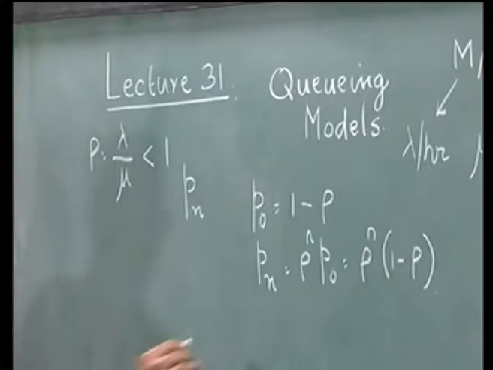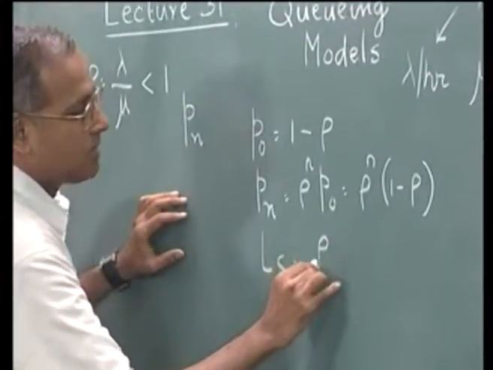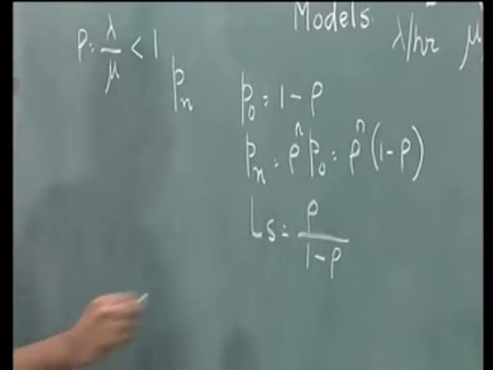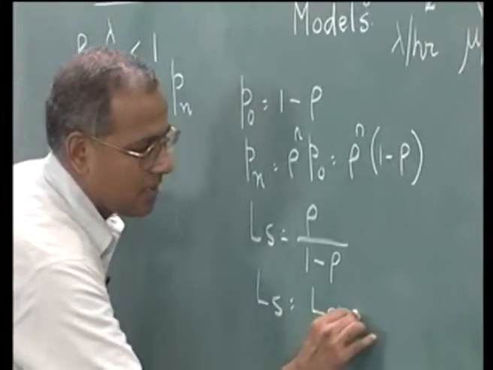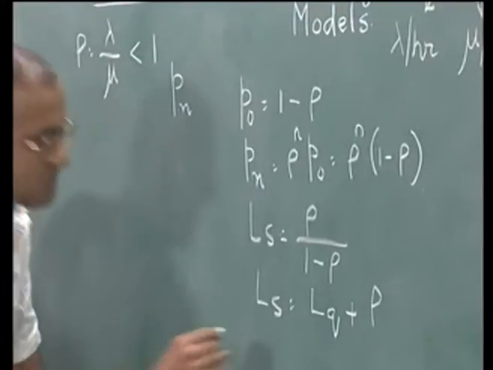We also derived expressions for Ls, which is equal to rho by 1 minus rho, and we also said Ls is equal to Lq plus rho.